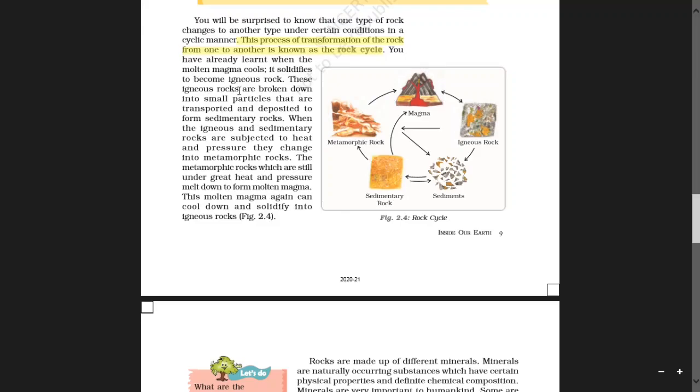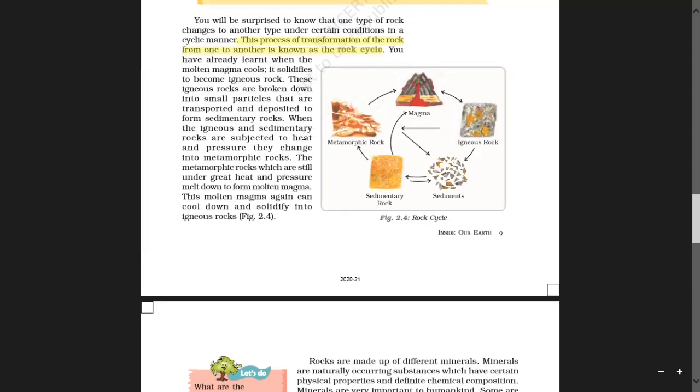These igneous rocks are broken down into small particles that are transported and deposited to form sedimentary rocks.